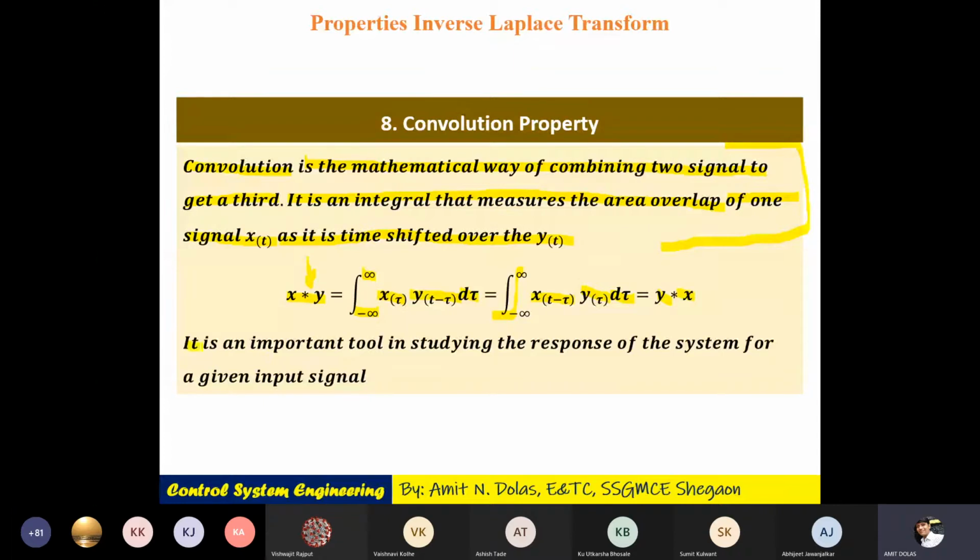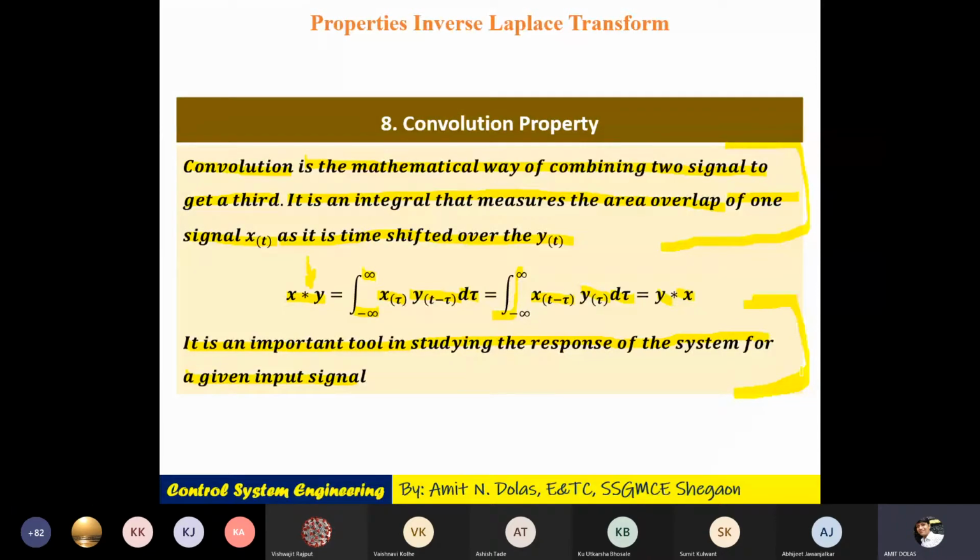It is an important tool in studying the response of a system for a given input signal. Why is it important? Because convolution will provide you the response of the system, meaning if a particular input is applied, then what is the output. That will be the response.